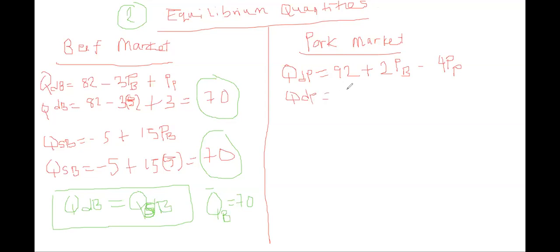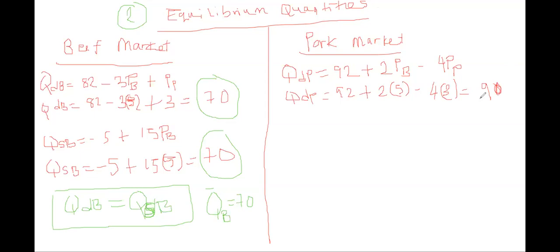It's 92 plus 2 times the price of beef, which is 5. We have calculated it. Minus 4 times the price of pork, which is 3. So at the end of the day, you will have 90. If you evaluate it, you can take your calculator. It's a very straightforward operation.